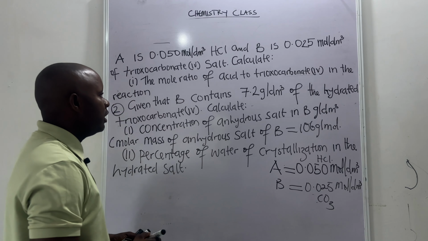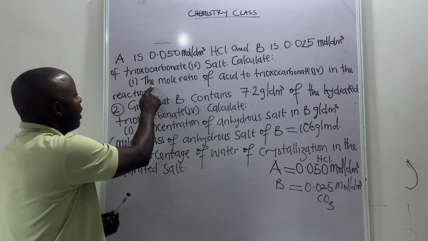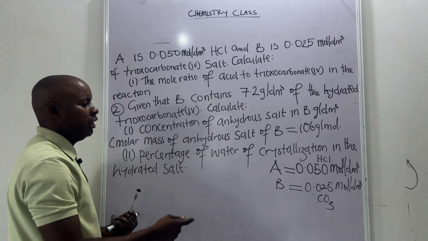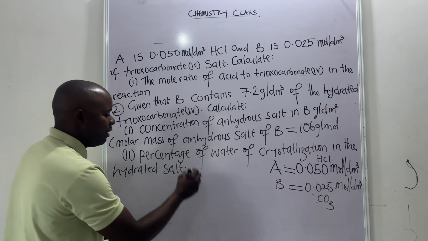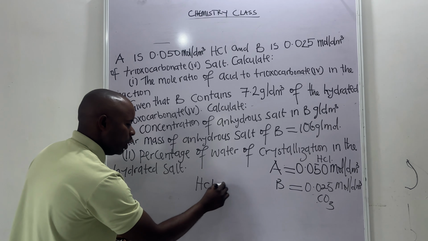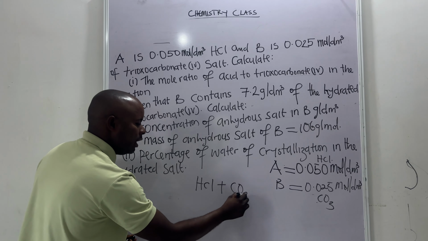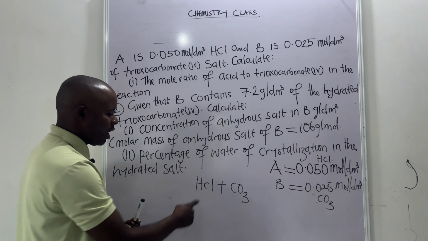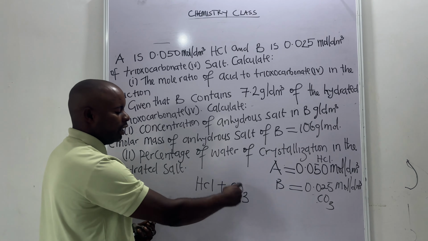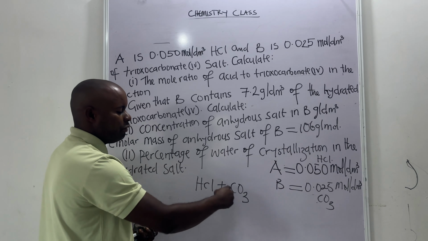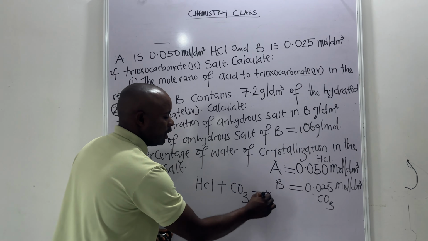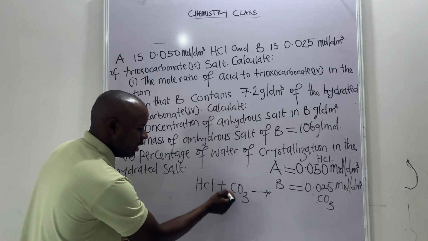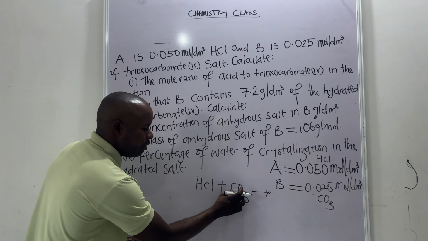So in this regard, if we are asked to calculate the mole ratio of acid to trioxocarbonate(IV) in the reaction, you can notice that we have HCl, but the metal aspect of this trioxocarbonate(IV) is withheld. So we cannot actually know the formation of the product just using this analogy, because the metallic part of this trioxocarbonate(IV) has been withheld.